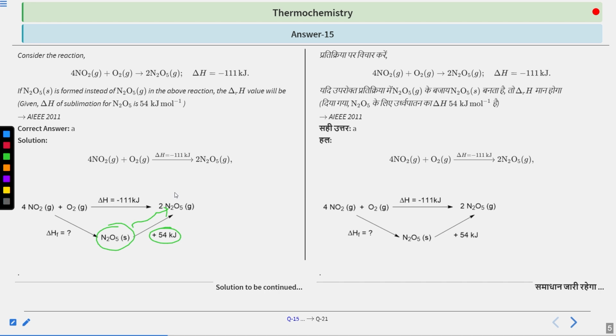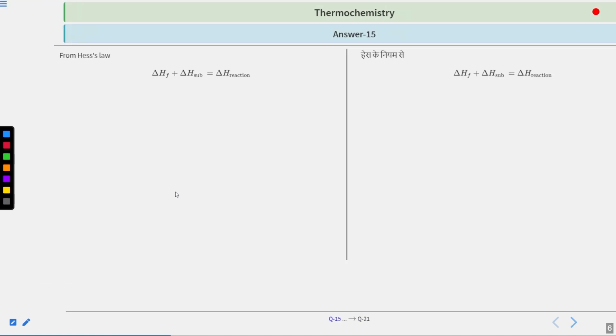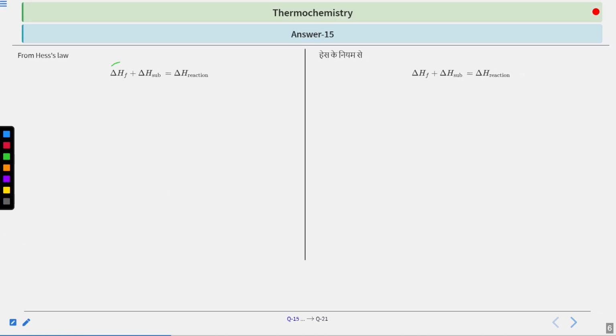Now let us see the solution further. Delta H formation of the solid plus delta H sublimation from solid to gaseous is nothing but the enthalpy of your reaction. Before that, we do some arithmetic: we bring this to this side so that we can easily put the values and get the final answer without any hesitation. It's all in kilojoule, so we don't have to worry about the units.